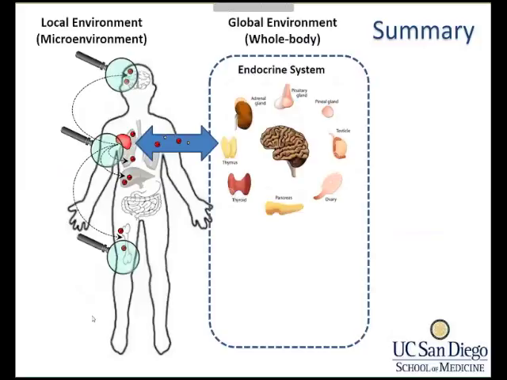And also, we have realized that there's a very complex crosstalk between cancer-secreted factors and the global environment, including endocrine systems at the whole body level, and this may, in turn, engage additional organs in the preparation for metastasis.